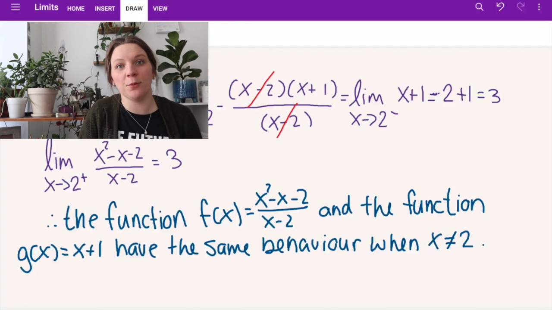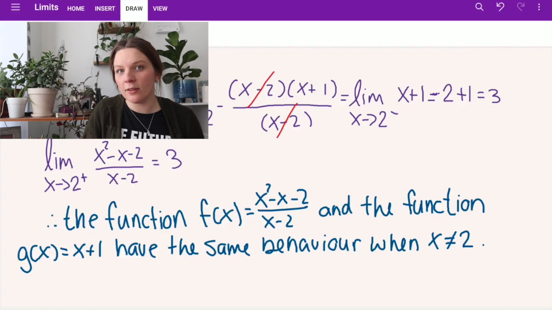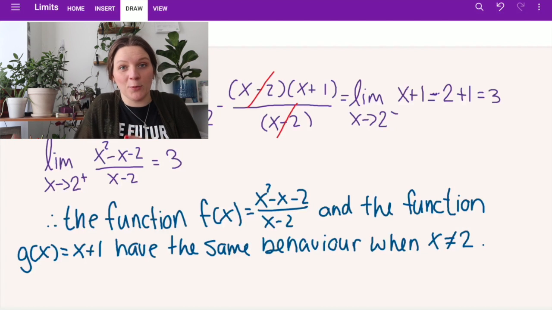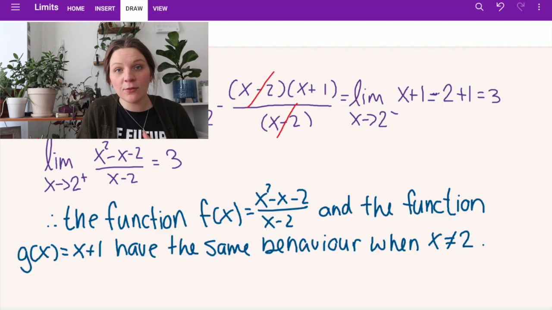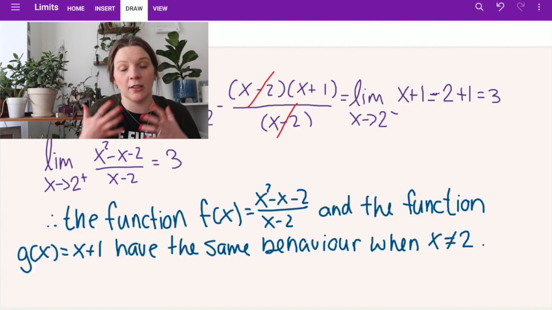The only difference will be that the one we're playing around with has a hole at x equals 2, and x plus 1 does not. So the difference between them is their domain, but otherwise they're the same. And so that's why we can use the function x plus 1 to talk about the behaviors of this more complicated function that we're actually interested in.